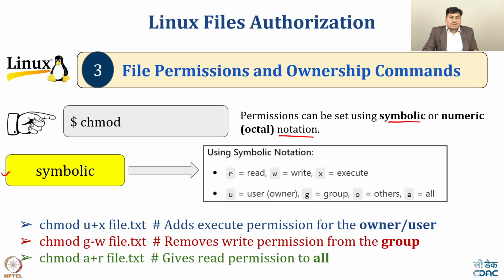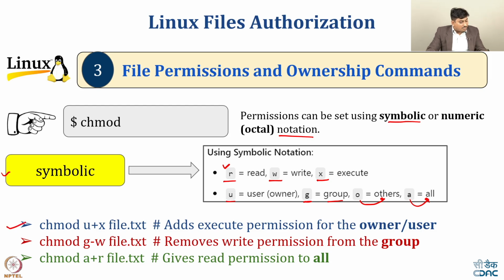In the case of the symbolic notation, there are some aspects: r means read, w means write, x means execute, u means user, g means group, o means others, and a means all. So these are the notations for these respective meanings, right.